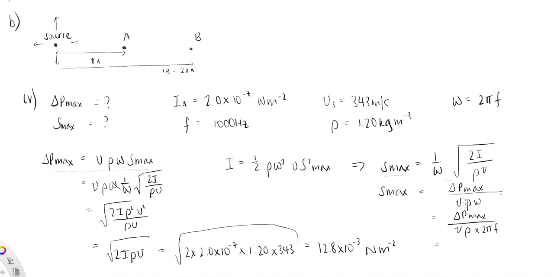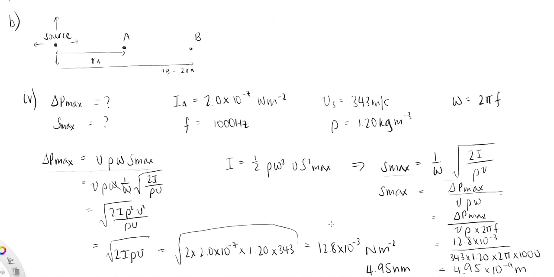So let's sub in everything we know. Then when you do that, you get 4.95 times 10 to the minus 9 meters, or that's actually 4.95 nanometers.